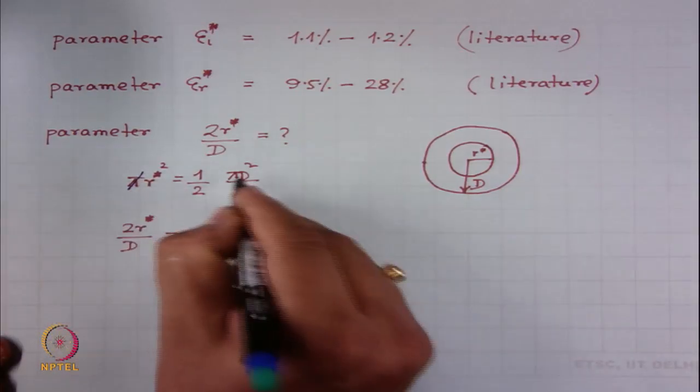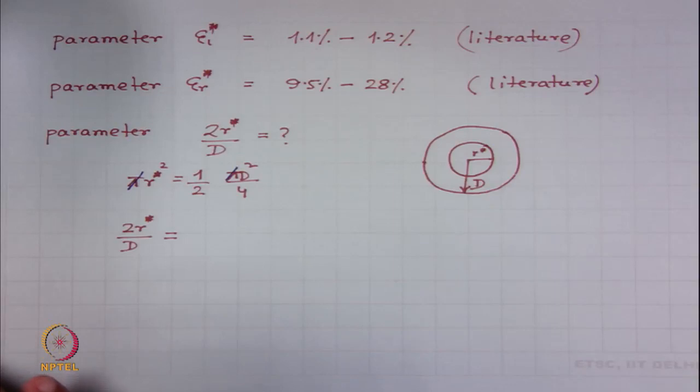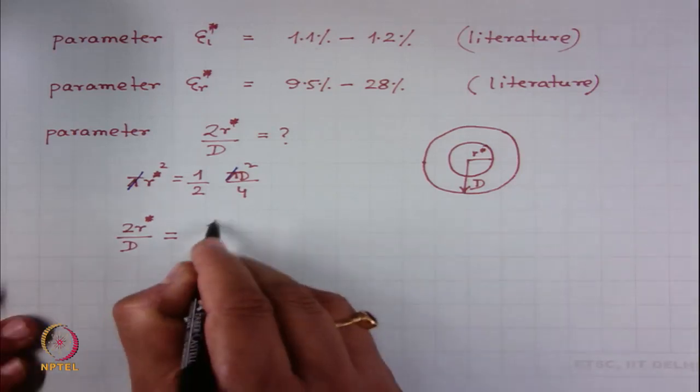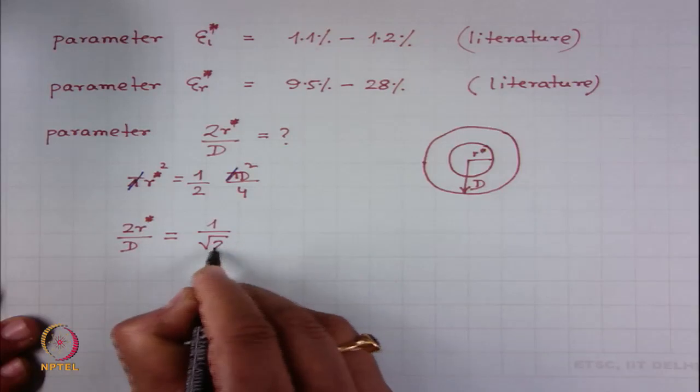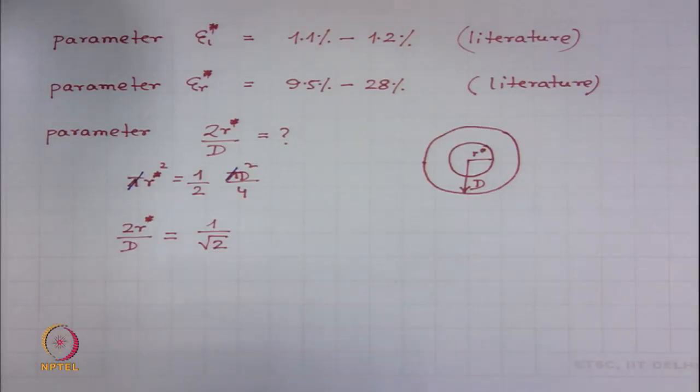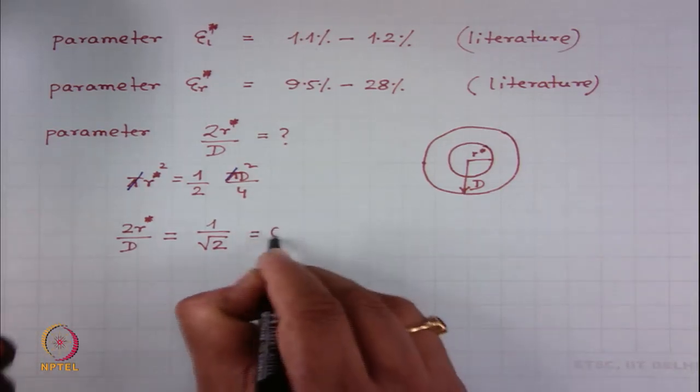This pi and this pi cancel out. So, root 2, so 1 by root 2. So, 2 r star by capital D is equal to 1 by root 2. That means this will be roughly equal to 0.7.